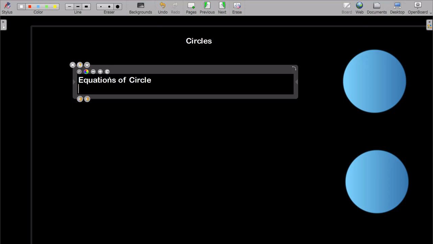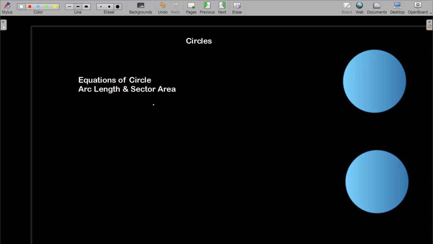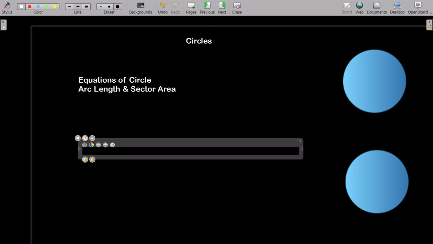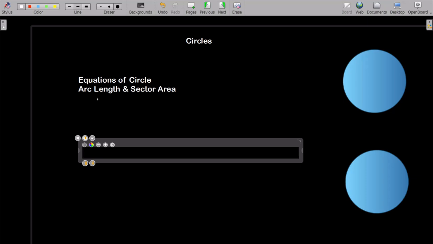And one more question you can expect is from arc length and sector area. Maximum chances are that you'll get questions from these two topics, and then there are some other topics in circles which we will be covering, because although the chances are less, those questions can be combined with other topics.